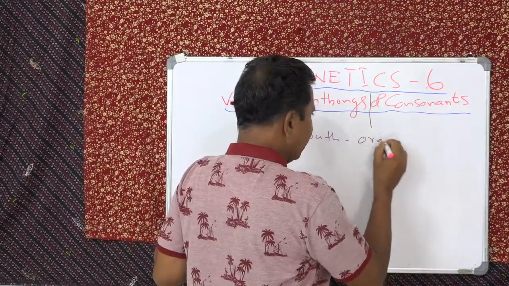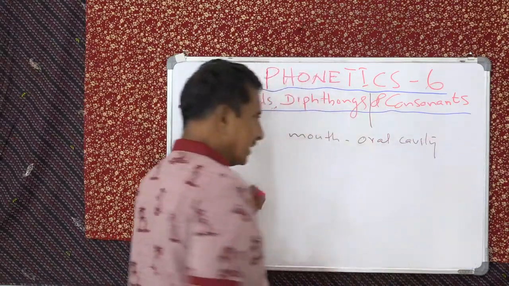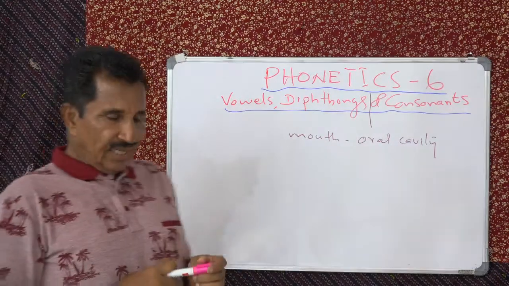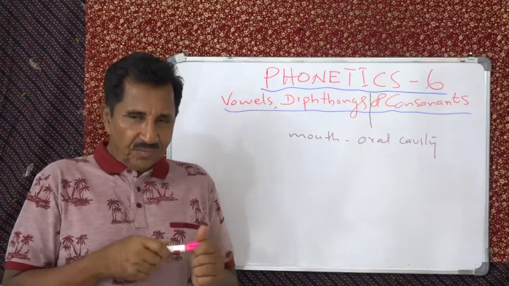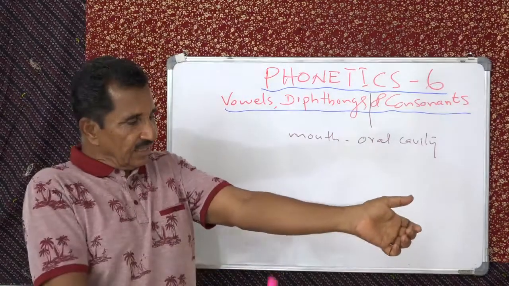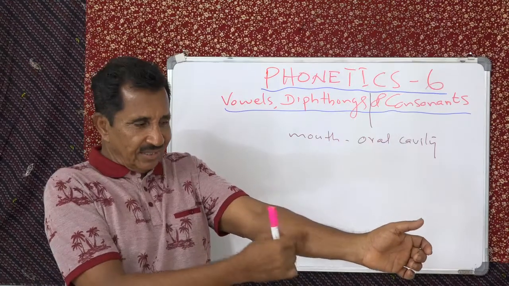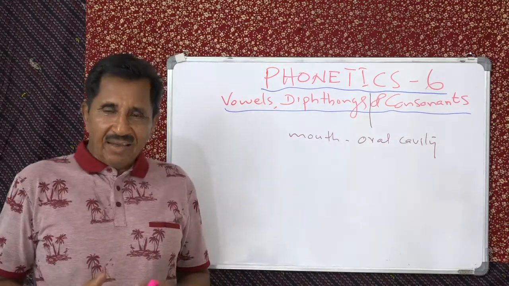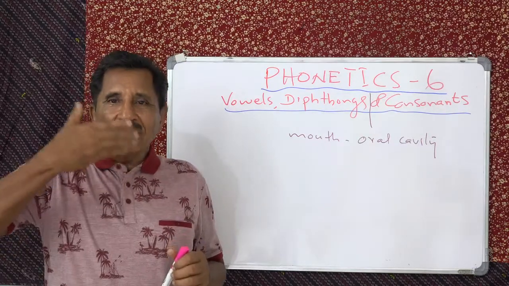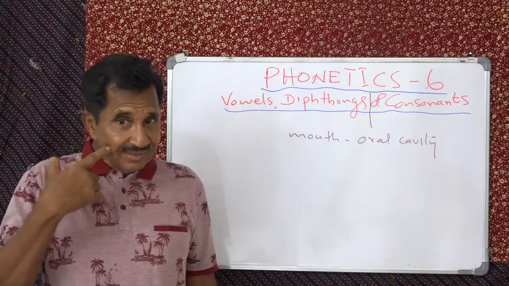Oral cavity. Do you know what a cavity is? Cavity means, for example, when you cup your hands like this, then there's a cavity there. A space between these two sides. Or you can say a cavity in your teeth.